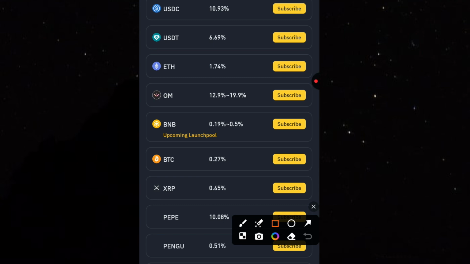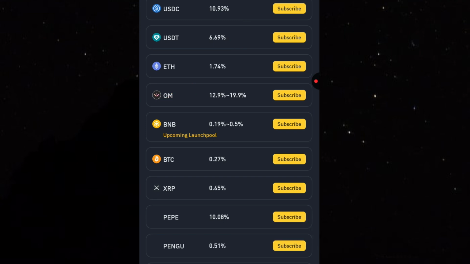And if at the end of the locking period the crypto increases in price, then you get more rewarded. If it reduces in price, in fact you can slide into a loss. That is why I always mention you can start with stable coins, because if it increases in price it's still very stable for you.